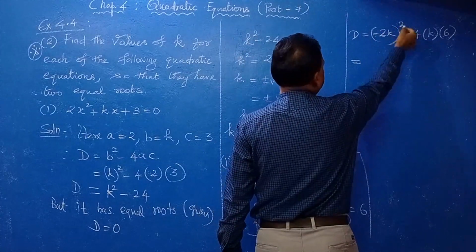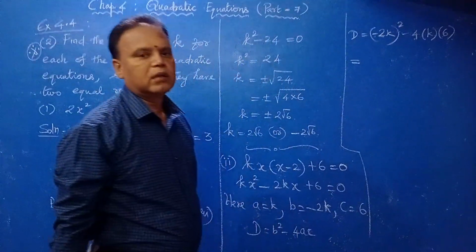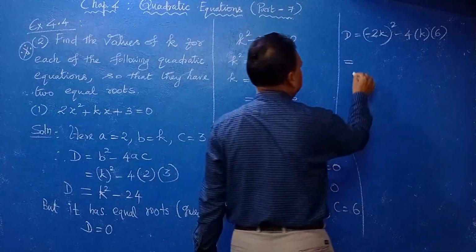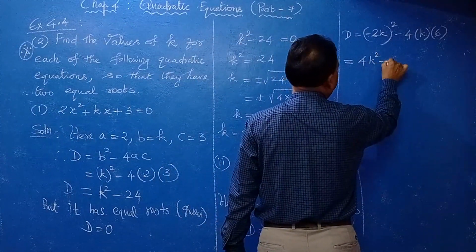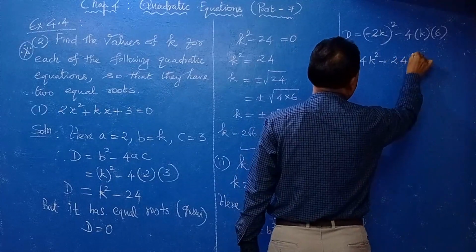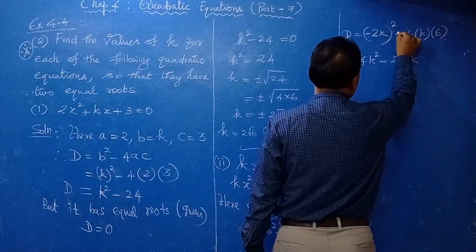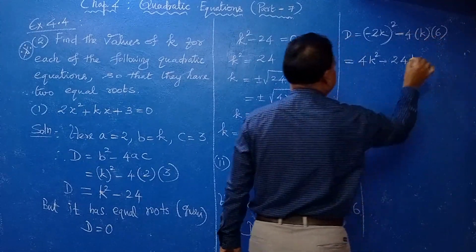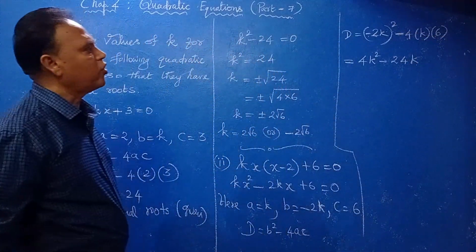So minus squared is plus, 2 squared is 4, so 4k squared, minus 24k. 4 into 6, 24. First multiply the numbers, then k write as it is. So 24k.